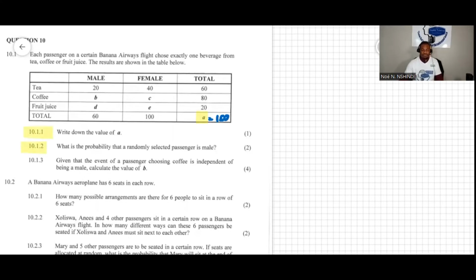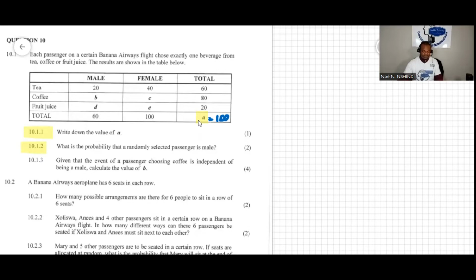Now question 10.1.2 says, what is the probability that a randomly selected passenger is male? We can see the total number of male passengers is 60, and the total number of passengers is 160.